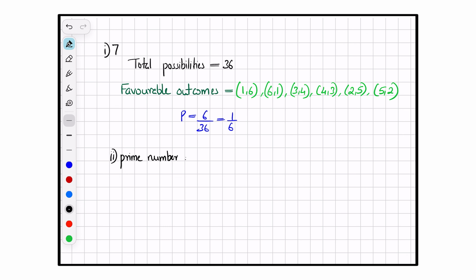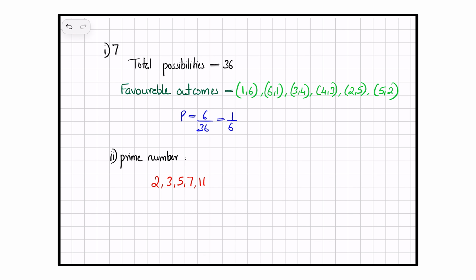So what are all the possible prime numbers up to 12? We have 2, 3, 5, 7, and that's it. No, we can have 11 also. So there are 5 possible prime numbers that we can get when we count the sum of the numbers appearing on the dice.